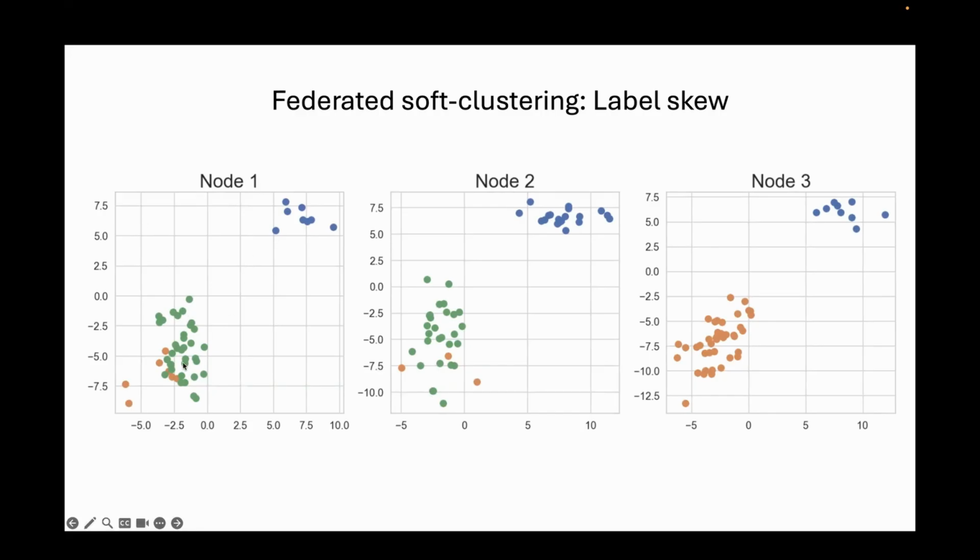So this node has access to the data points from this green component and the blue component, but there are a few data points from the orange one. And the situation is different for this third node. So it is expected that if you try to learn three components on this node, that will fail because you just don't have enough data points to actually learn this component.